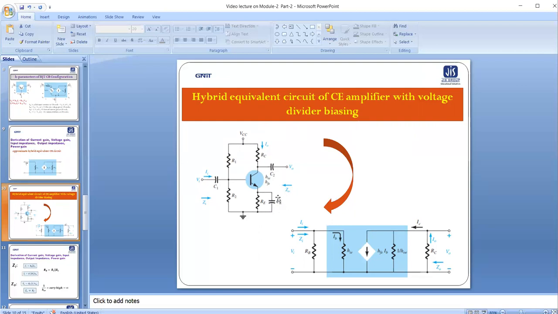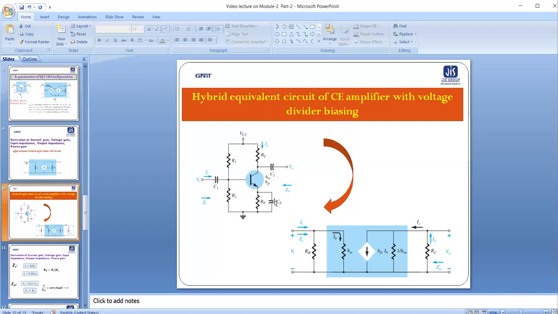This capacitance is called the bypass capacitor, because in the earlier module we learned that RE is called an unbypassed resistor. Any current will flow through the resistor and develop a potential drop, which was creating negative feedback.